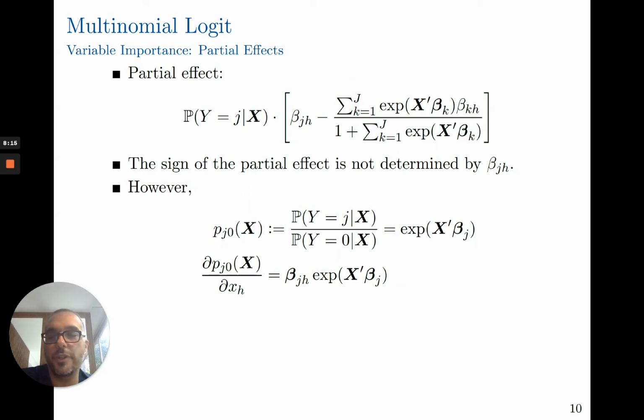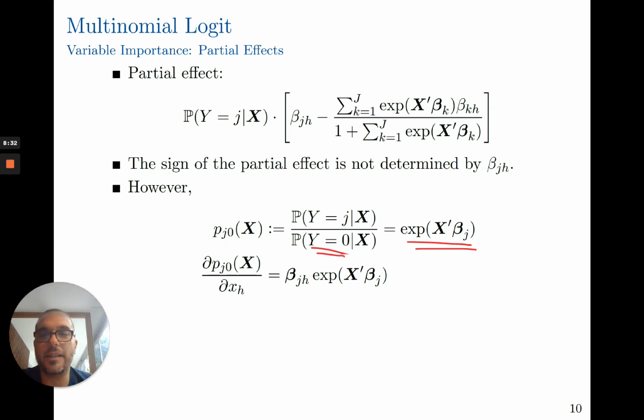But if we look at the relative probabilities, then this is just the exponential of x beta j if we compare with the baseline. Okay?